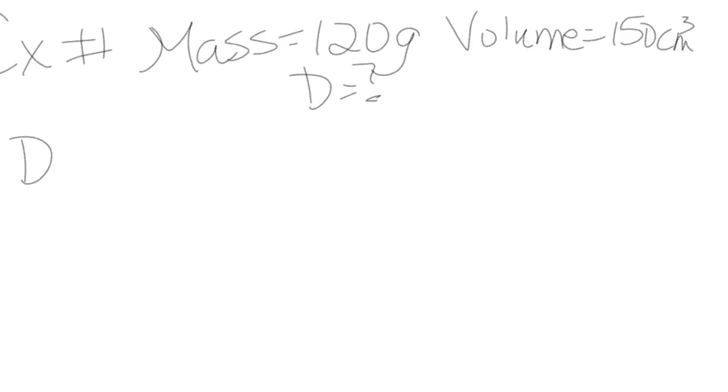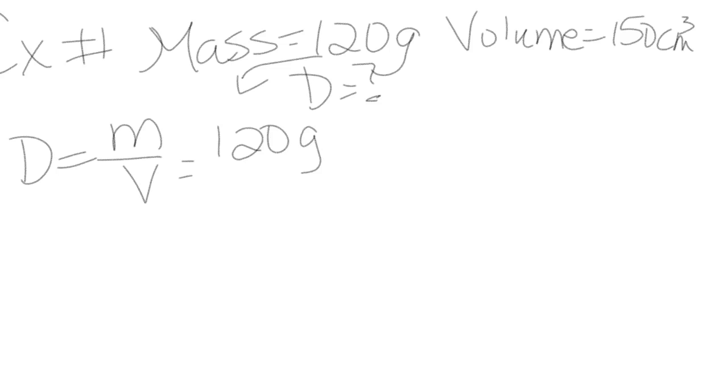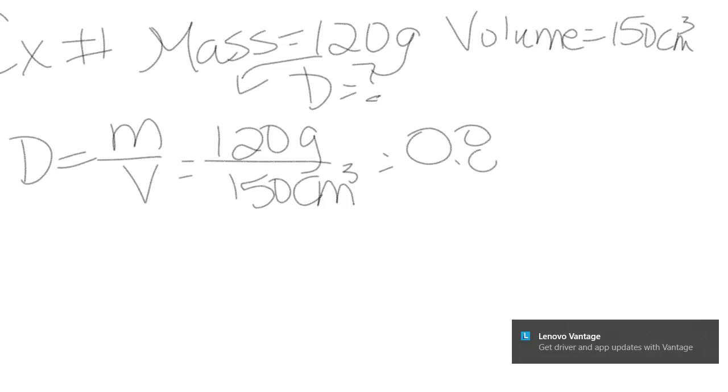So my formula has to go first, so D equals M over V. It's easiest if you follow this with your equal signs and just plug this stuff in. My mass goes on top, so 120 grams divided by your volume, which is 150 centimeters cubed. Plug that into your calculator, 120 divided by 150, which is a nice easy 0.8.